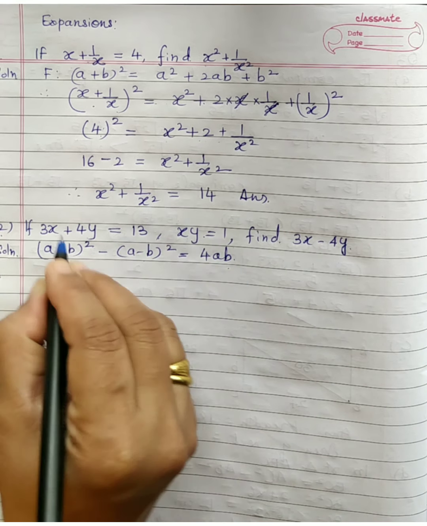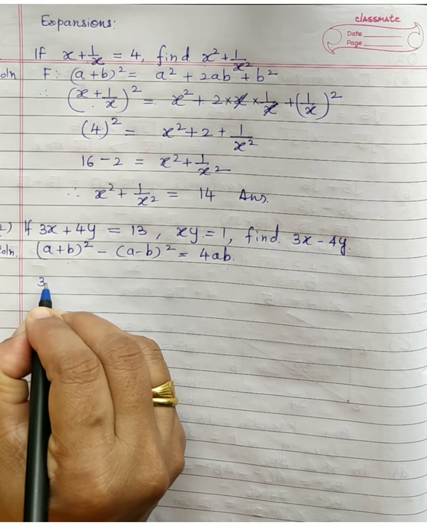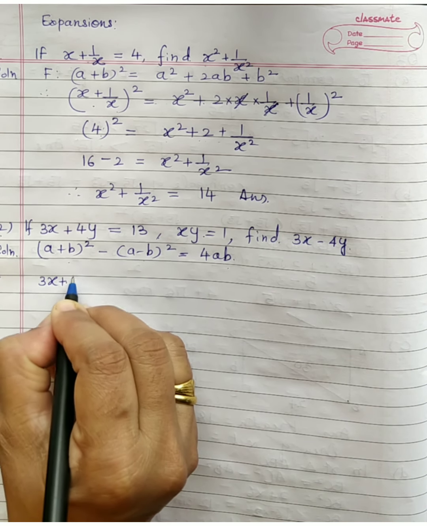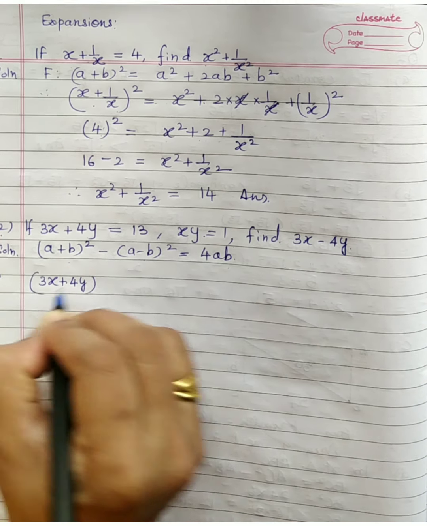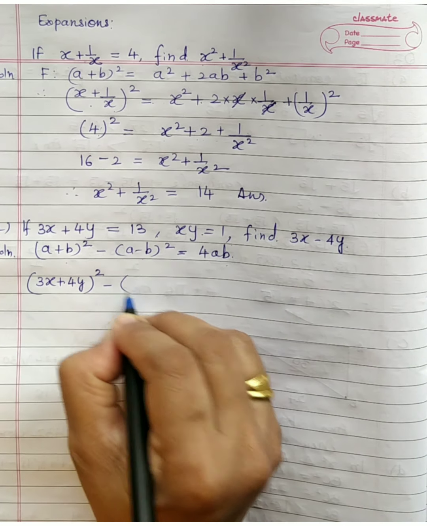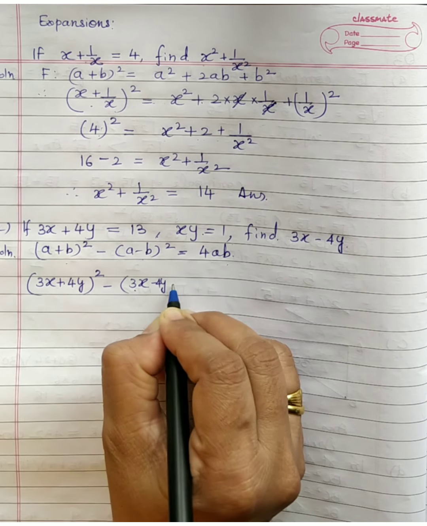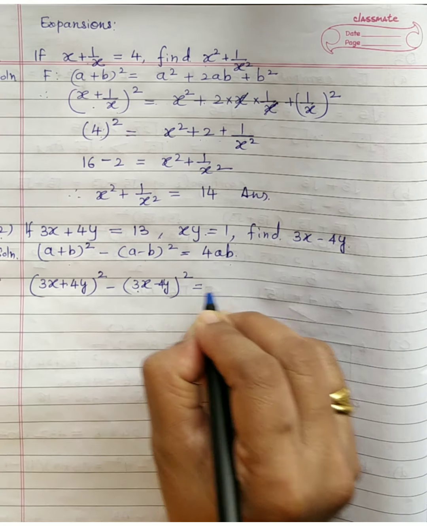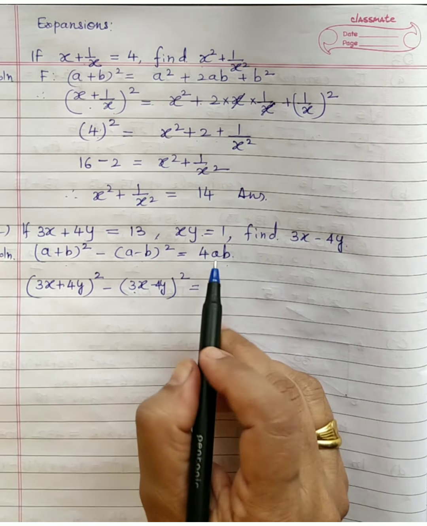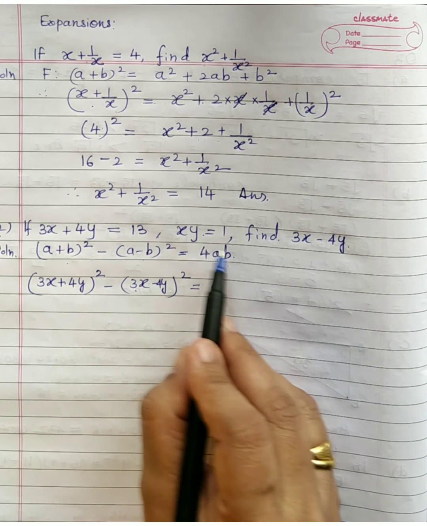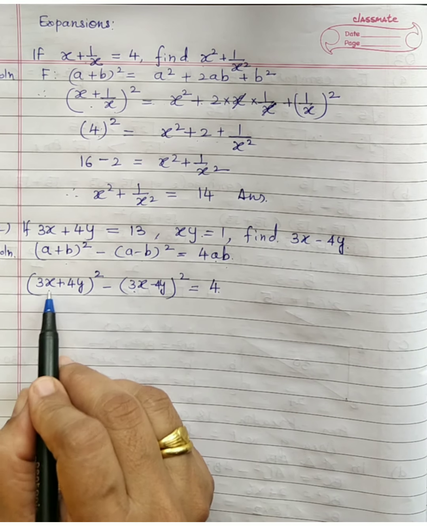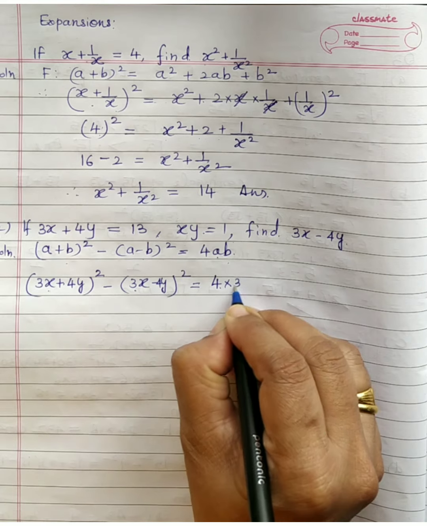So, here what will I be getting? 3x plus 4y the whole square minus 3x minus 4y the whole square is equal to, now be careful here, 4 a b. A is what? First term. B is what? Second term. Here our first term is what? 3x.